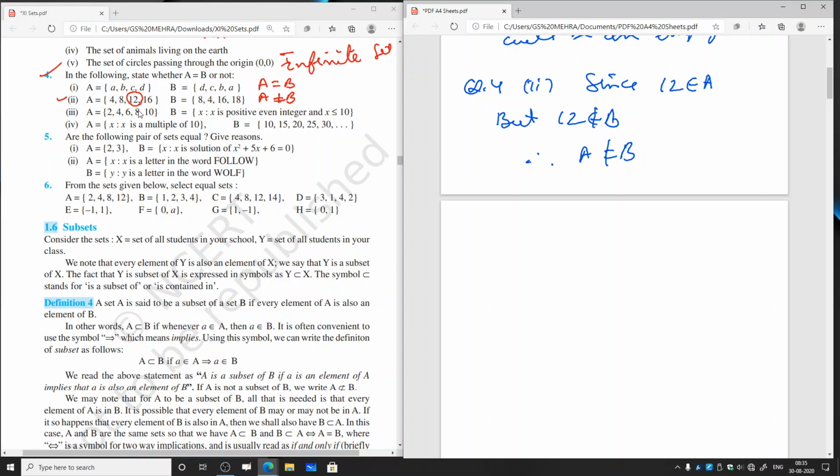Third part, A equal to {2, 4, 6, 8, 10} and B equal to the collection of all x such that x is a positive even integer and x is less than or equal to 10. So, what we have to do is write B in tabular form.